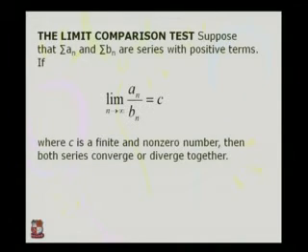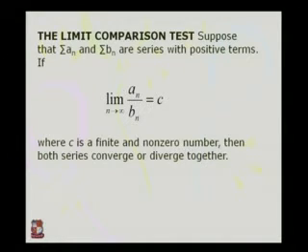So we can use this method, and after using it we need to use another method which I have already told you, the P series test, to solve the whole example, because this test just tells us that both series converge or diverge together, but we cannot decide whether the series is convergent or divergent.